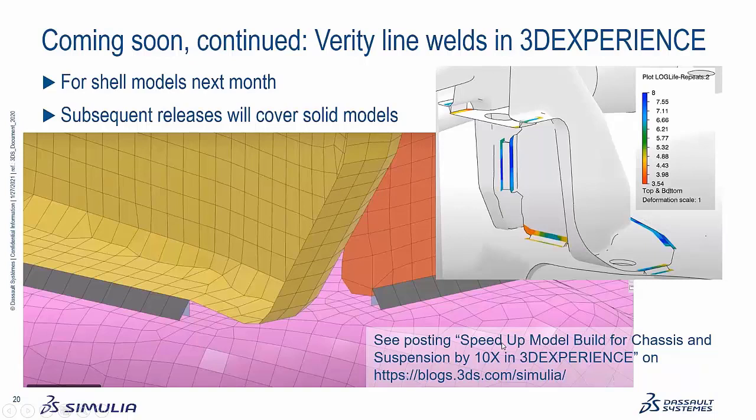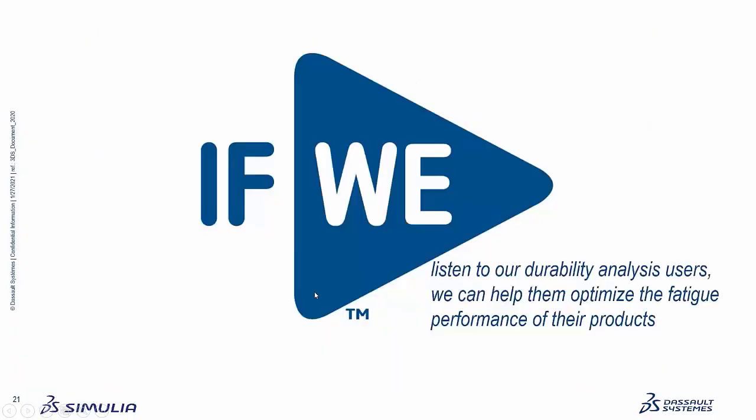So it's using the established product FE-Safe and Tosca in combination with 3DX. Moving forward, of course, at least the durability calculation would actually be able to be done for these shell models directly within 3DX. So that's it for me.